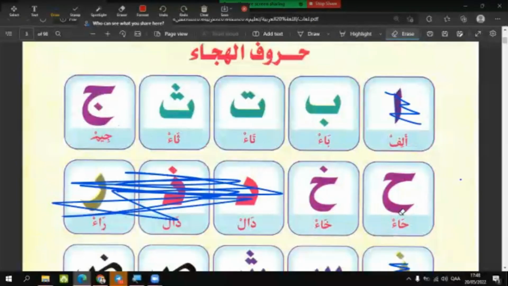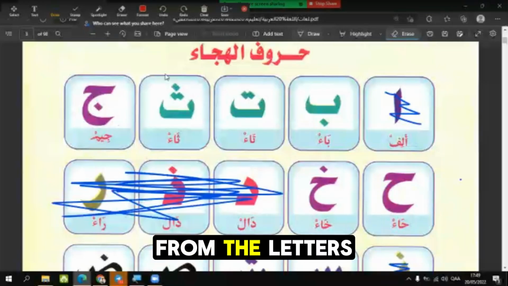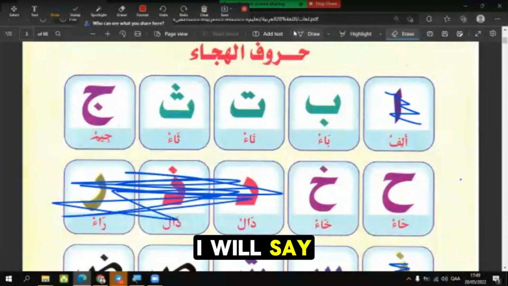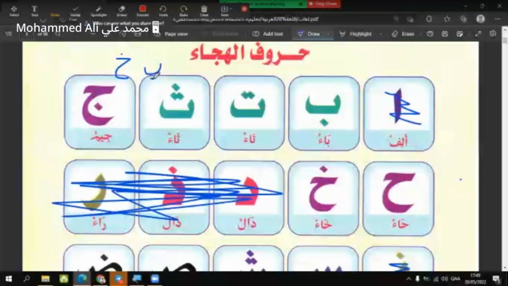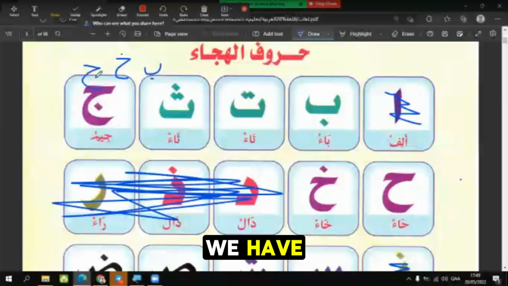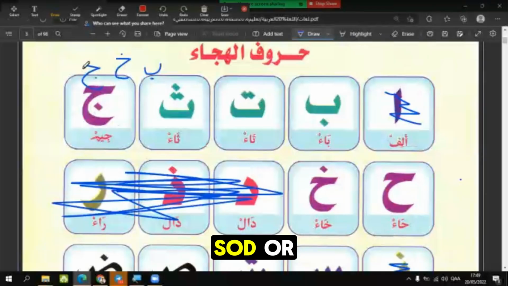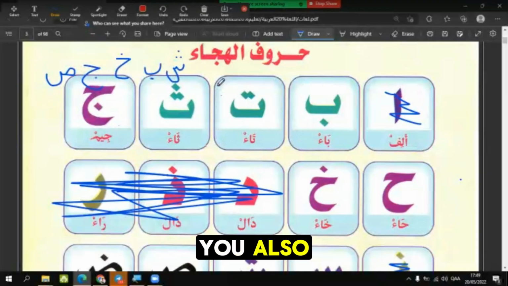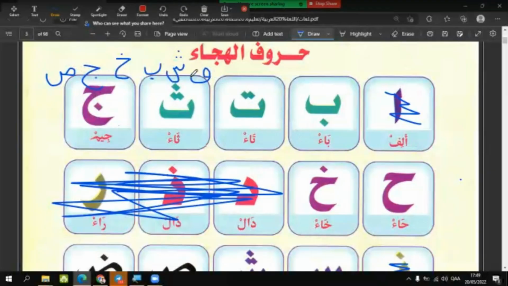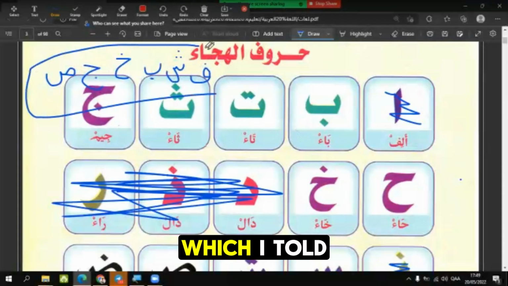So, for example, I will choose ba, ha, jeem maybe, and what else do we have? We have saad and sheen, for example. And I give you also the fa, you can use it. So I choose now 6 letters from the alphabet which I told you.